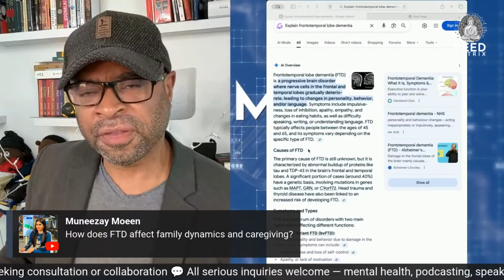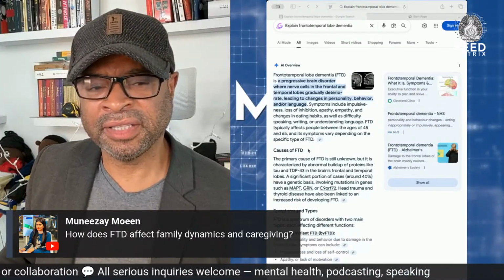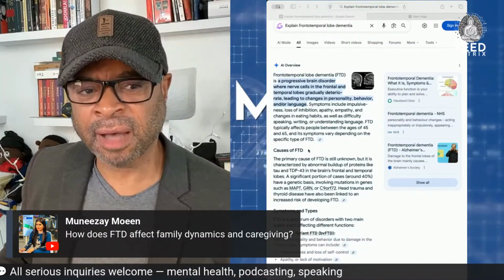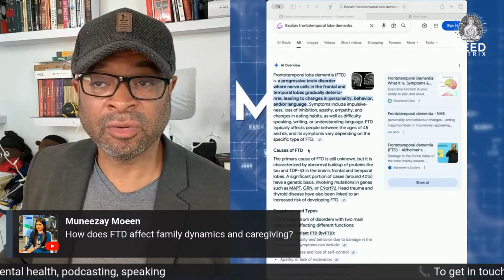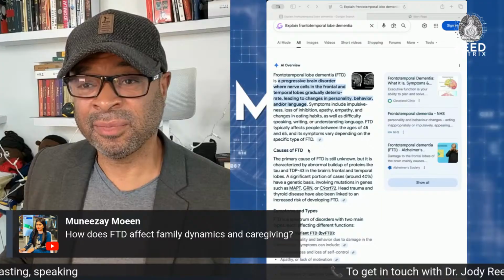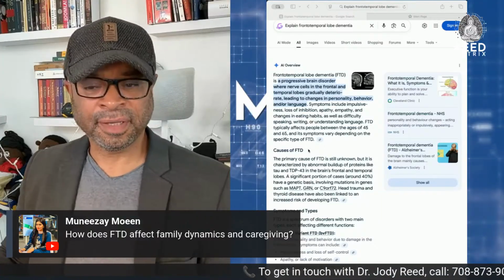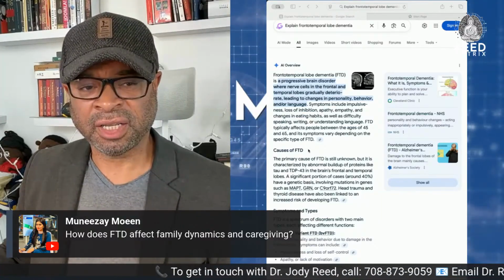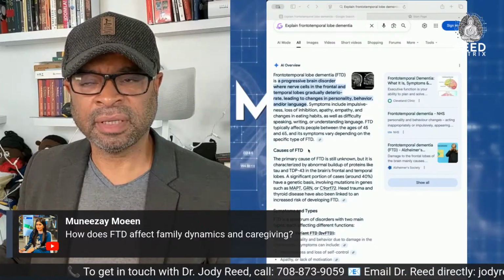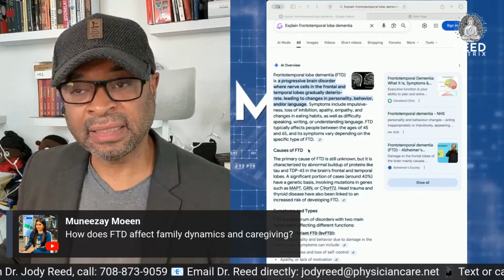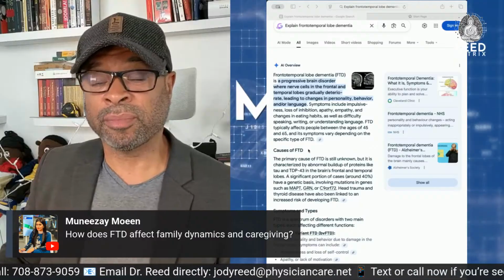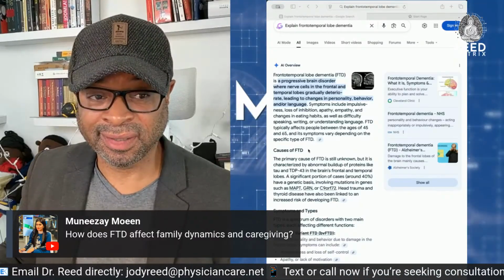And so this happens in what's called a stair step phenomenon. All the other ones occur more gradually, but this is more of a stair step phenomenon. So all of a sudden they changed. All of a sudden this happened. And unfortunately, they may not recover to their previous level of functioning.